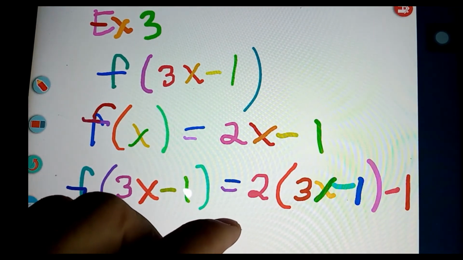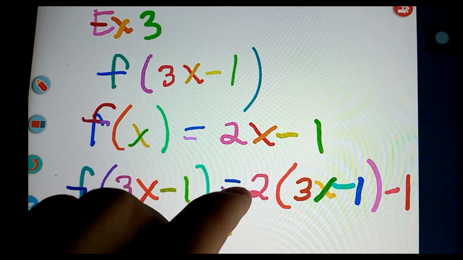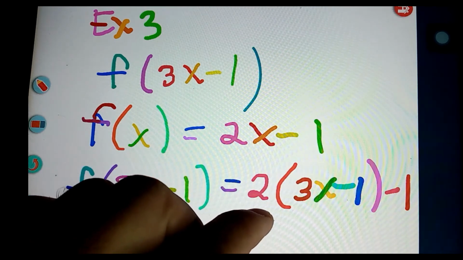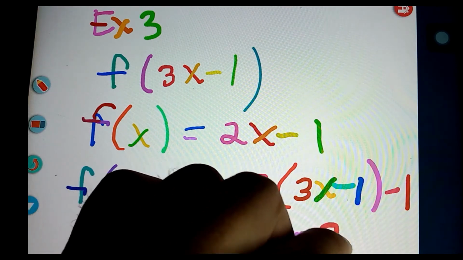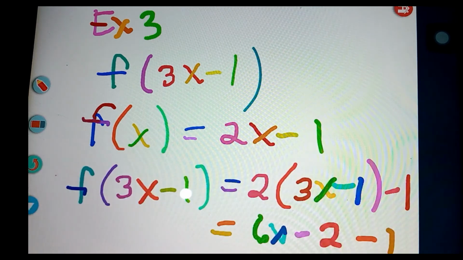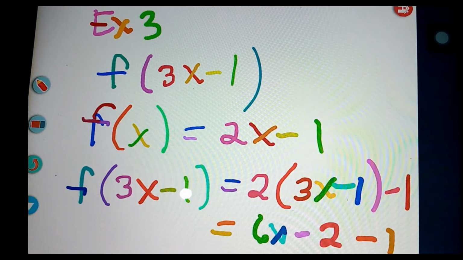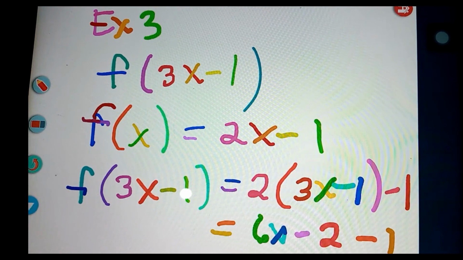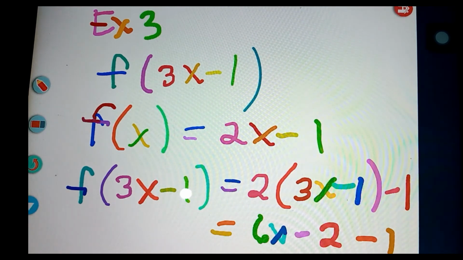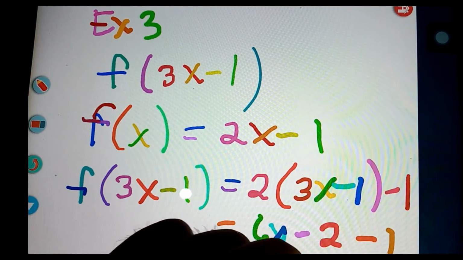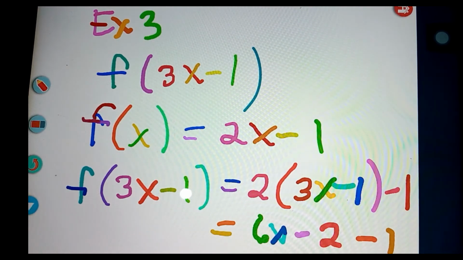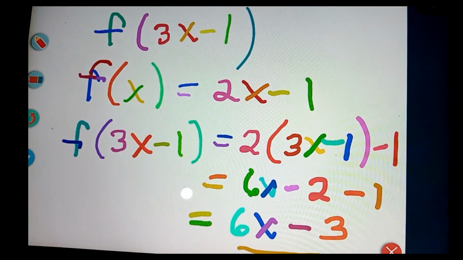Using the distributive property, 2 times 3x minus 1 is 6x minus 2, then minus 1. 6x minus 2 minus 1 gives the result of 6x minus 3. That's the answer.